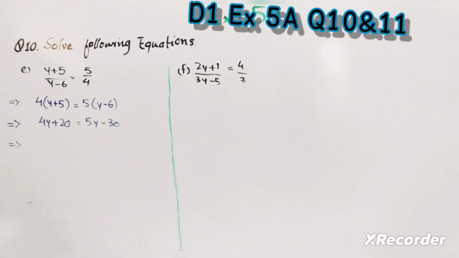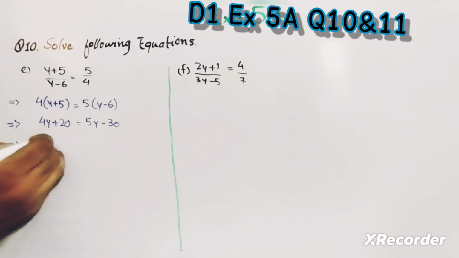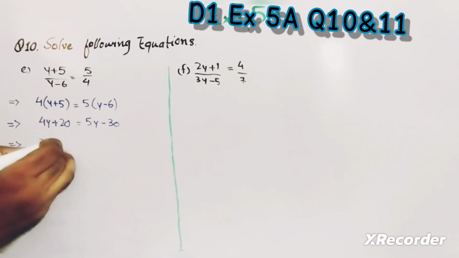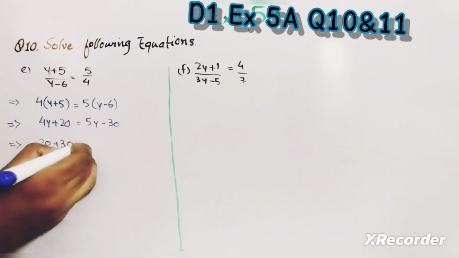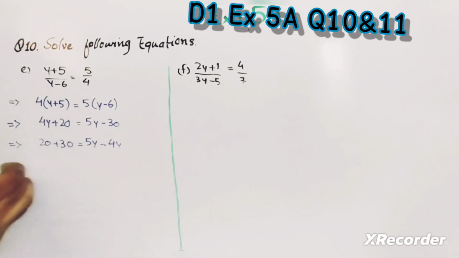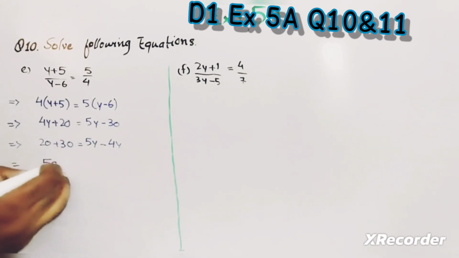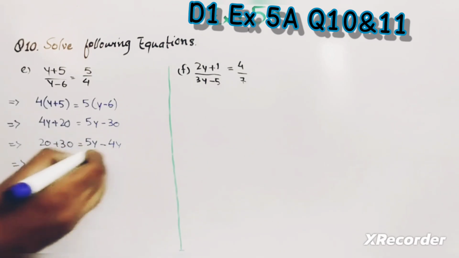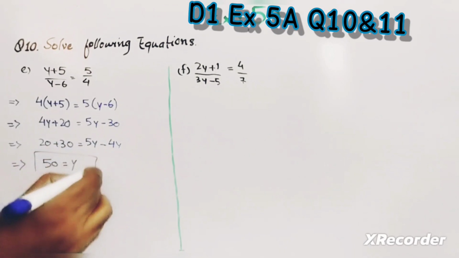So by rearranging, we get 20 plus 30 is equal to 5y minus 4y, is 50 is equal to 5y minus 4y is only y. So our y becomes 50.